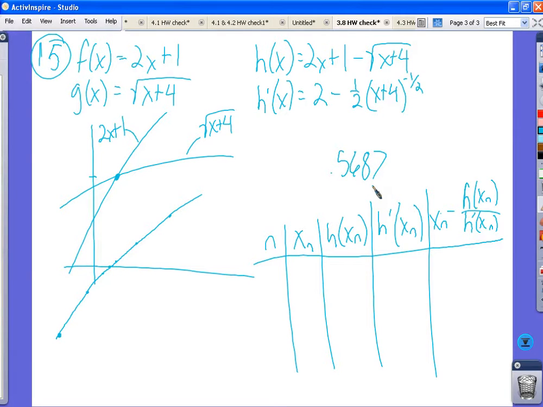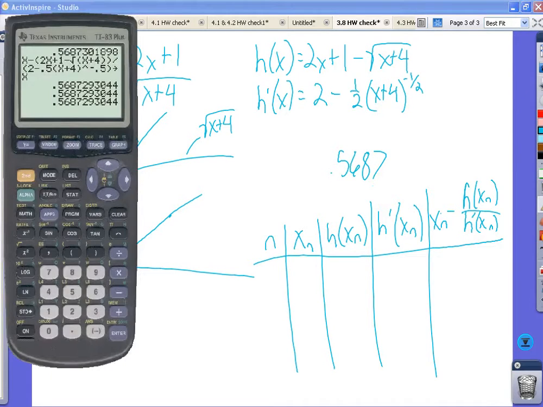Right? Or, as Kendall was mentioning, we can do this in the table, where in y1 and y2 we have h of x and h prime of x, 2x plus 1, and 2 minus 0.5. Wait, you forgot the minus x, minus the square root of x plus 4.